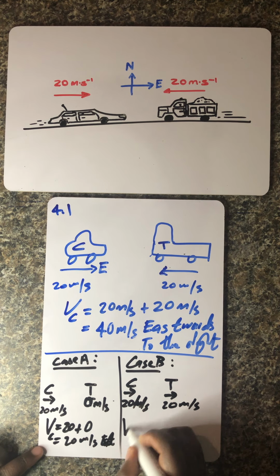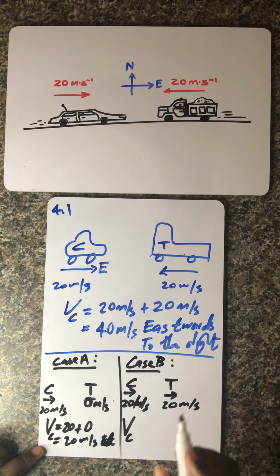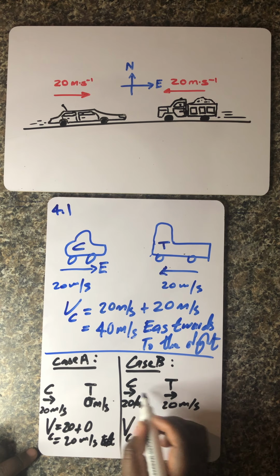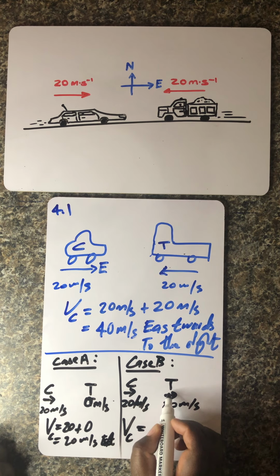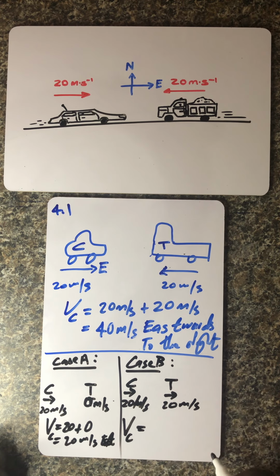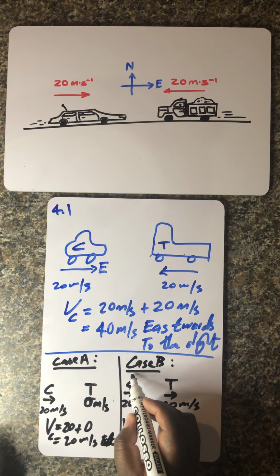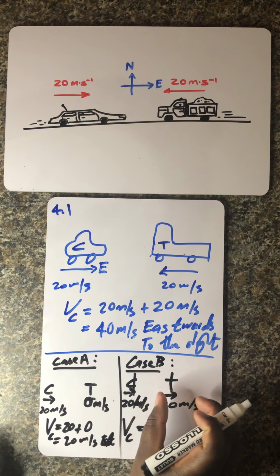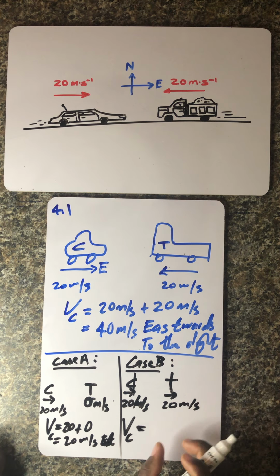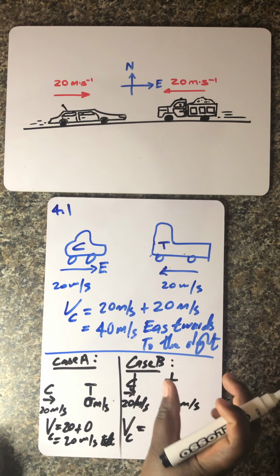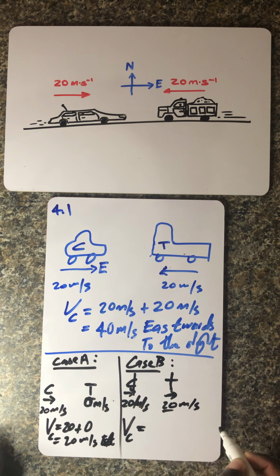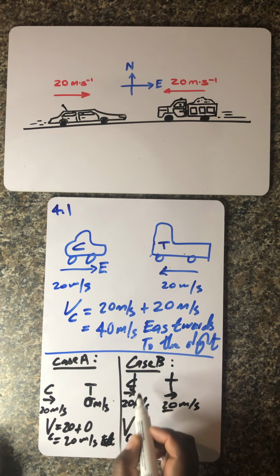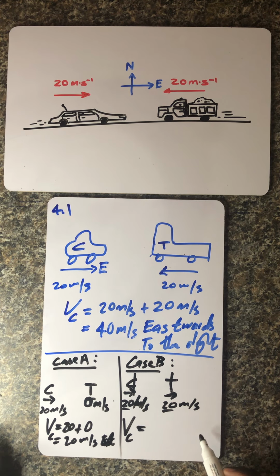The velocity of the car relative to the truck, it's more like, if you have a look at these two, this is traveling in that direction, this is traveling in that direction. So it's more like they are not moving relative to each other, because for every second they cover the same distance. After every second the truck covers 20 meters.